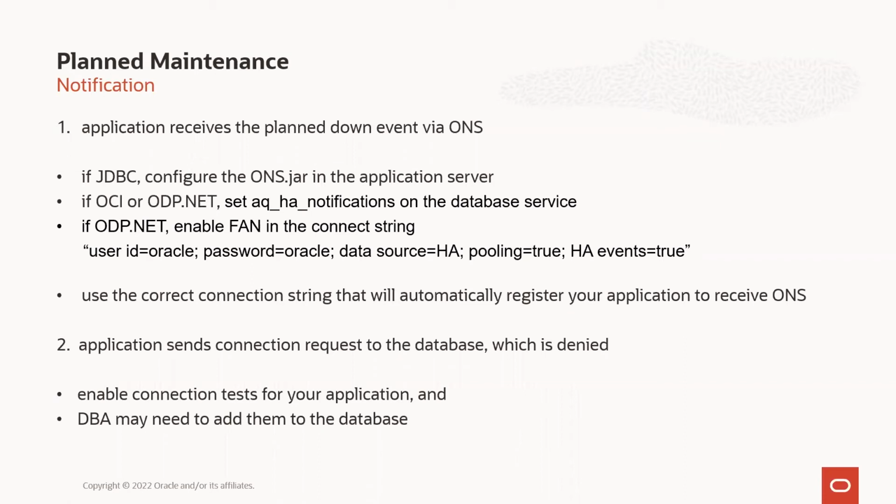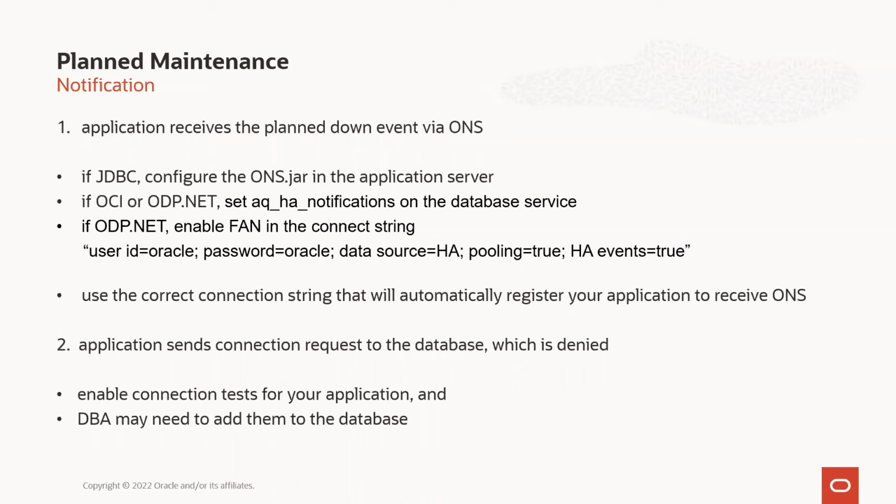But if the database instance is being set to drain on that particular service, then the database will say, no, we're not going to allow you to connect here, go somewhere else, because we know the service is running elsewhere. So even if you're not receiving ONS notifications, you can still test whether the database instance is draining or not.